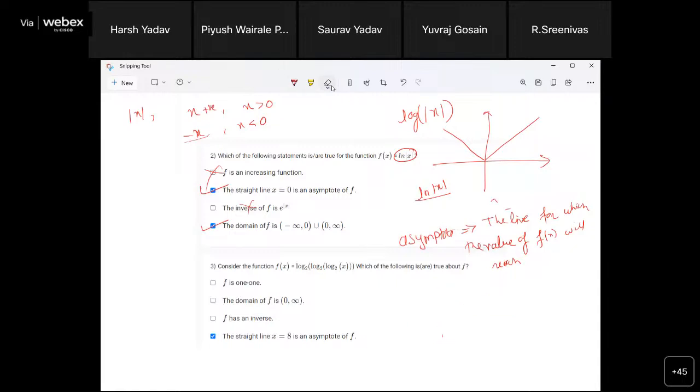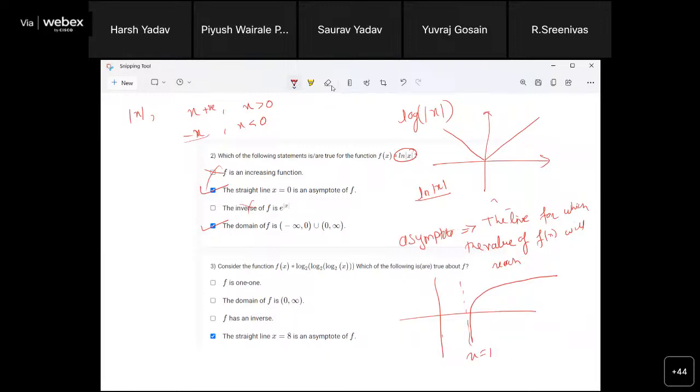Say, for example, this is my x equals 1 and my graph is like this. Even if I go on the left hand side, my graph will become closer to this x equals 1, but it will not touch this particular line. That is an asymptote.